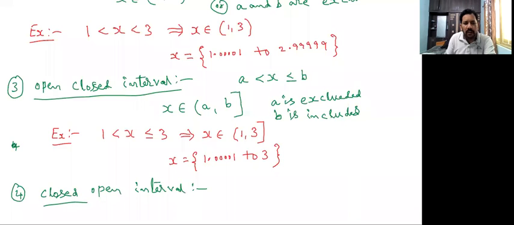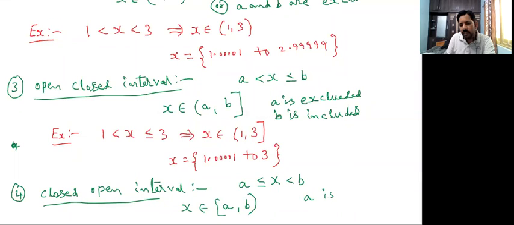So x is a real number, and x lies between a less than or equal to x less than b. That means x belongs to closed a comma b open. Here a is included.